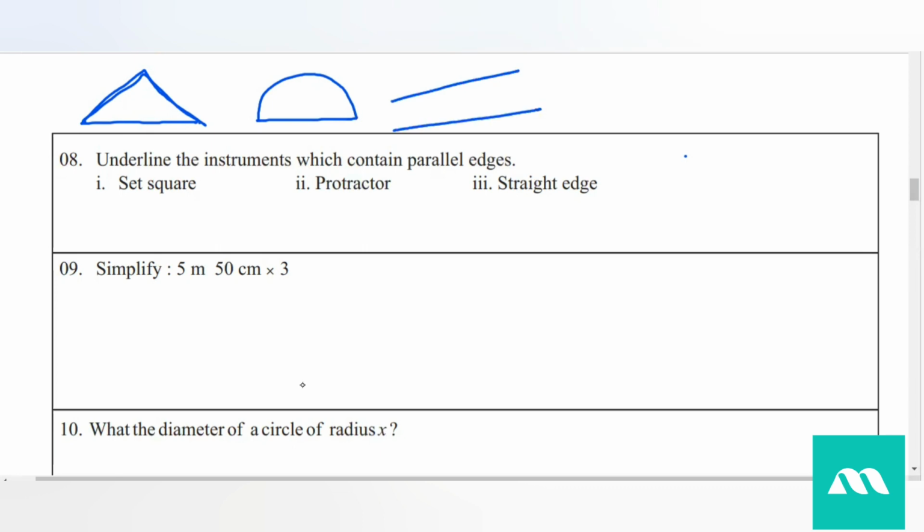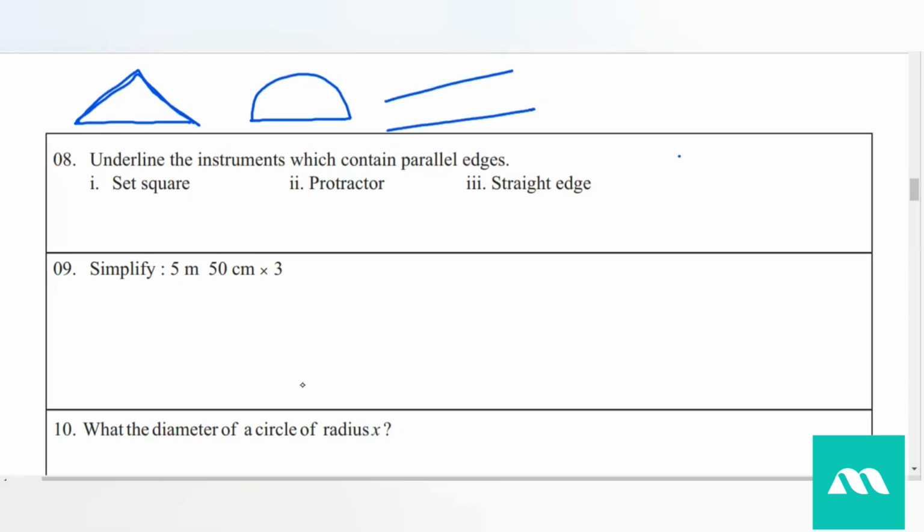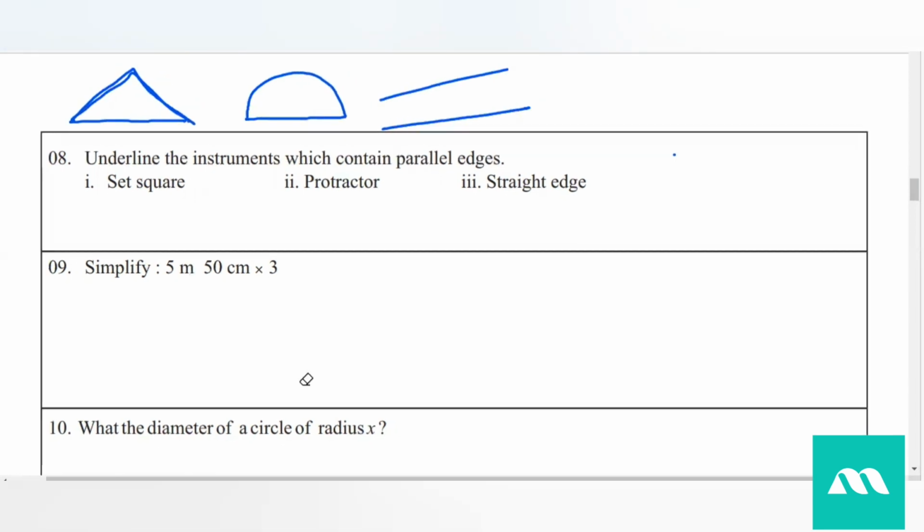If we consider a straight edge, we know that we use the set square to draw parallel straight lines, but it does not consist of parallel edges. That means the parallel straight lines or the parallel edges are equidistant to each other, no? Therefore, the only answer should be straight edges.